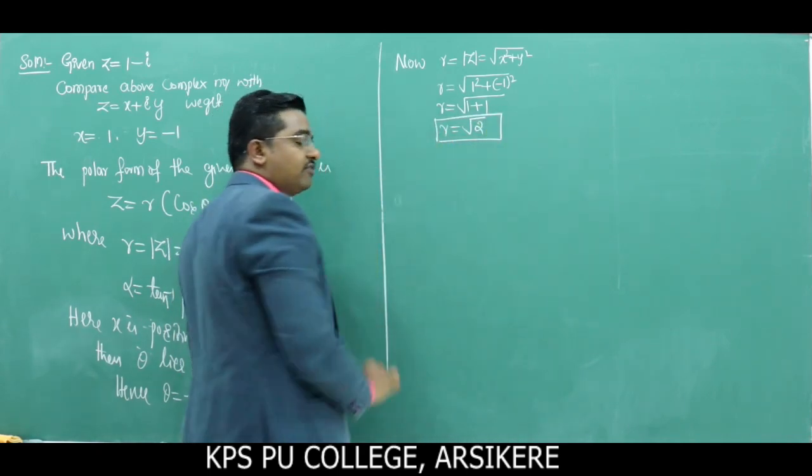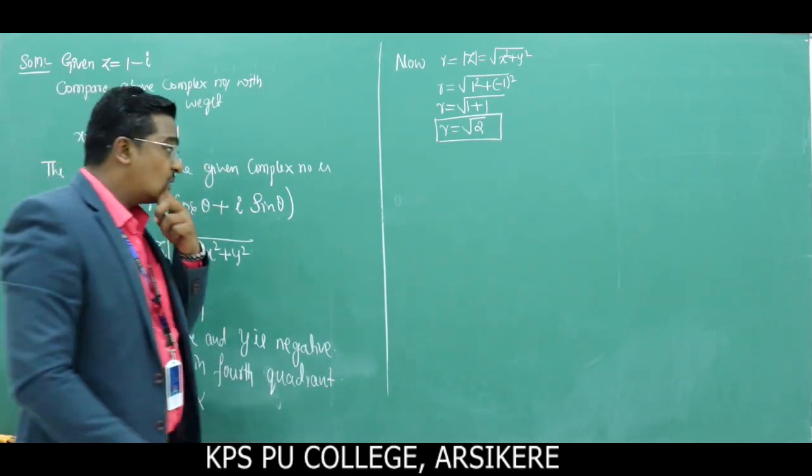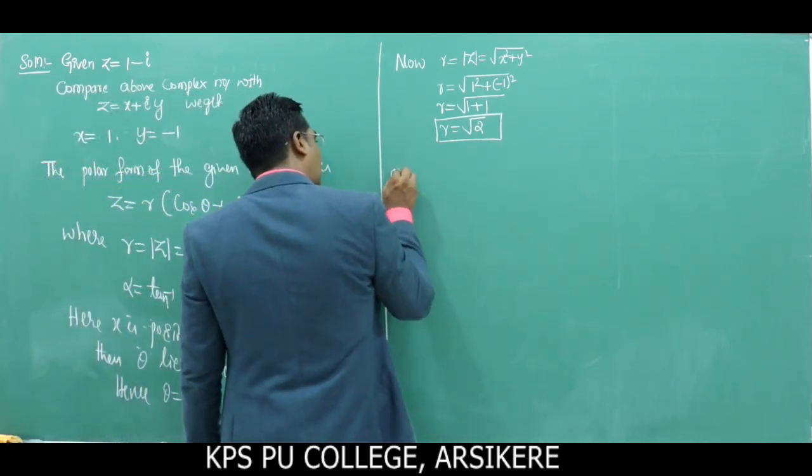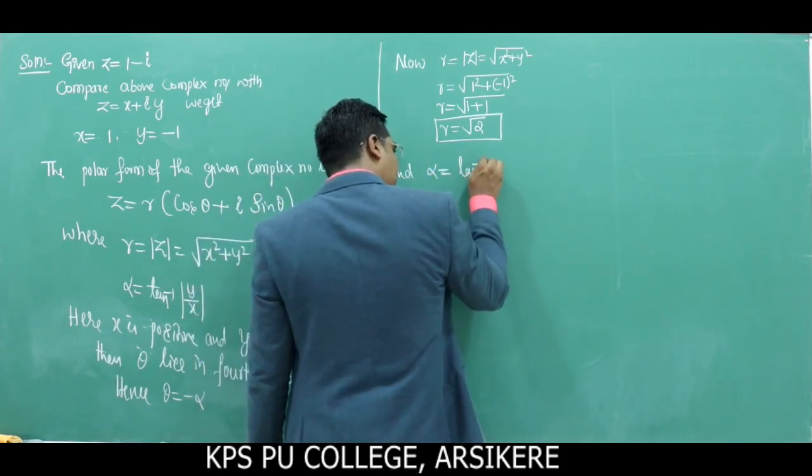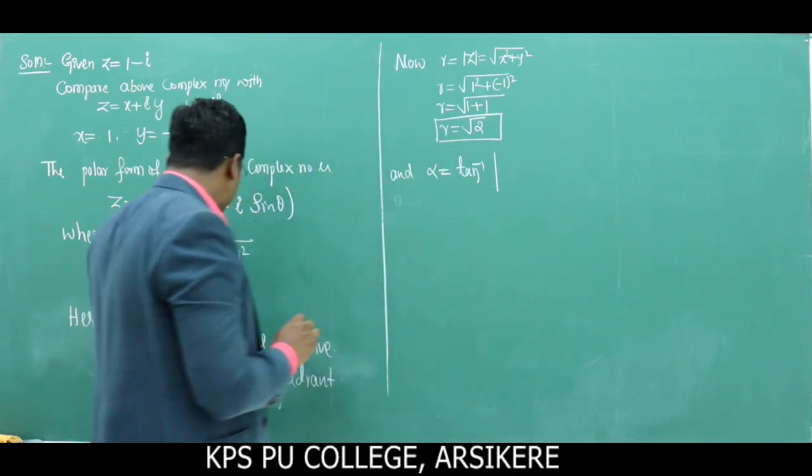The value of r is found. Next, we need to find alpha. Alpha is equal to tan inverse of modulus of y divided by x.